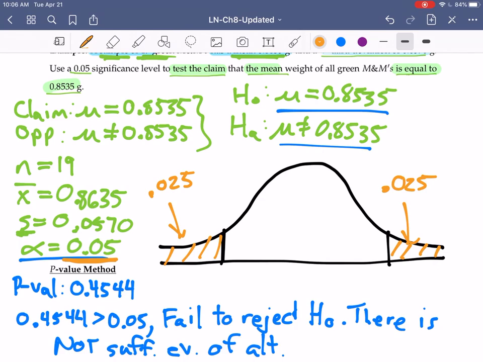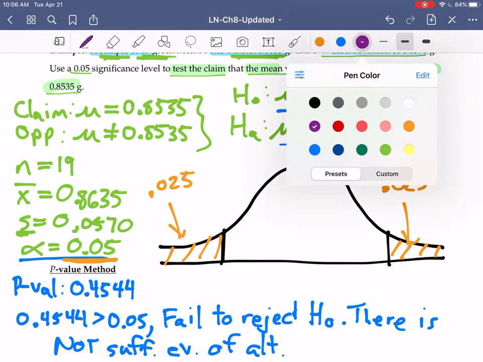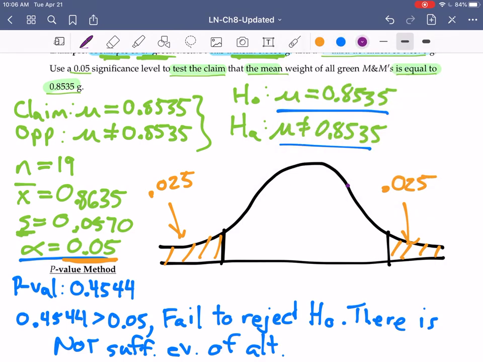The p-value means there is some test statistic, and we find the area to the right of that test statistic and double it because we have a two-tailed test.